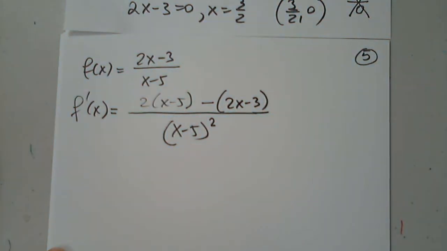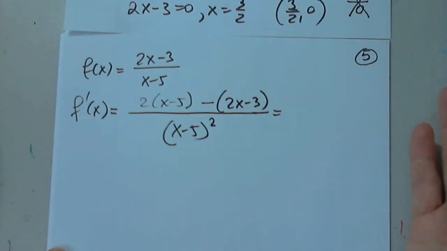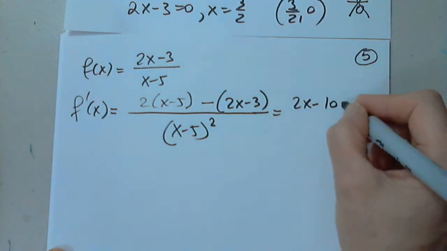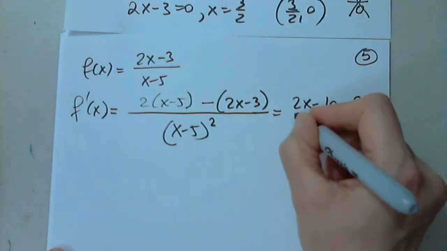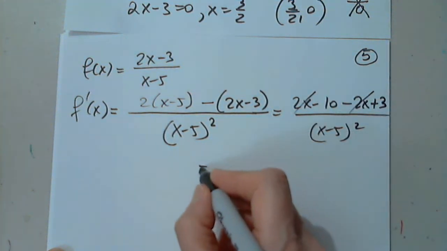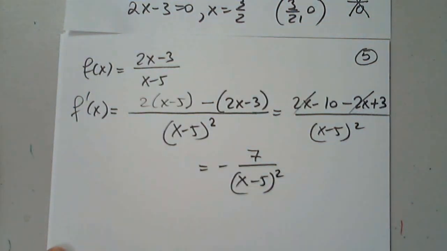Excellent. Always fully simplify this, because without critical numbers we can draw a conclusion if there are critical numbers. So I have 2x minus 10 minus 2x plus 3. So this is negative 7 over x minus 5 squared.